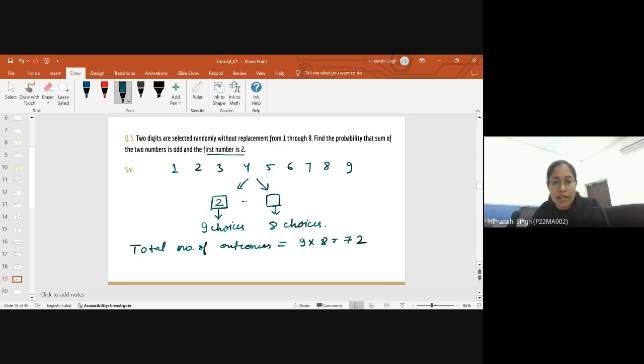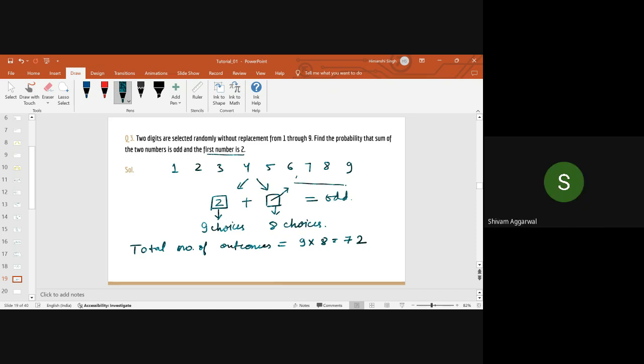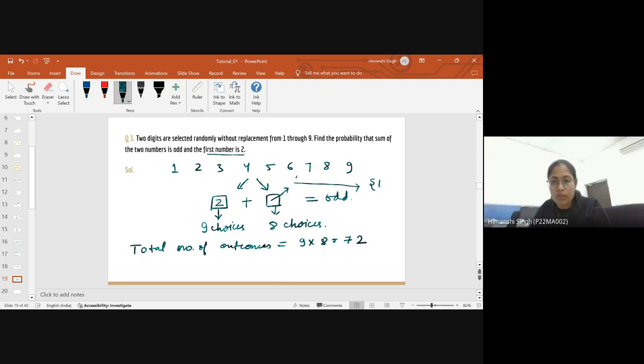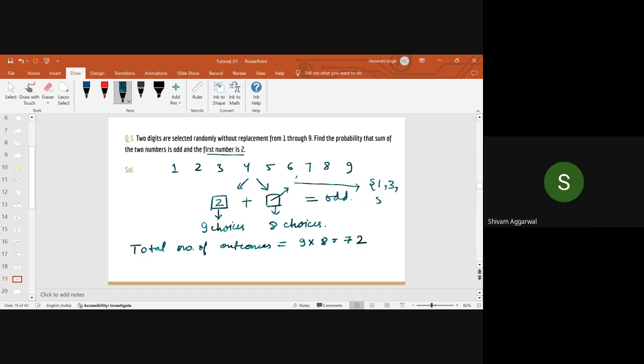Now the sum of both the numbers should be odd. So what choices are we left with for the second digit? If I add 1, 3, 5, 7, and 9 to it, the sum is odd.